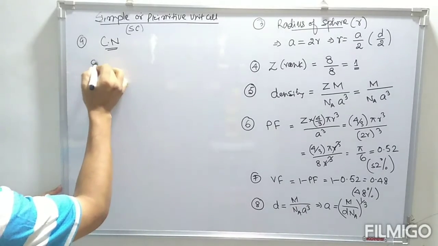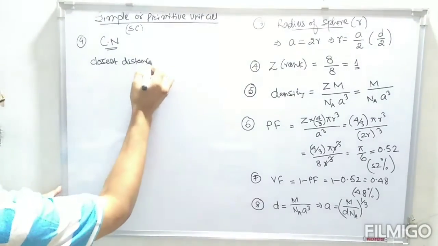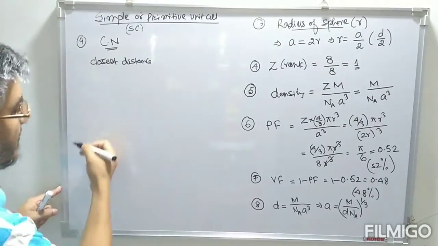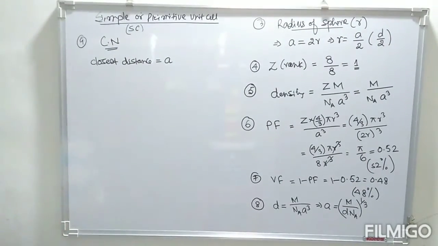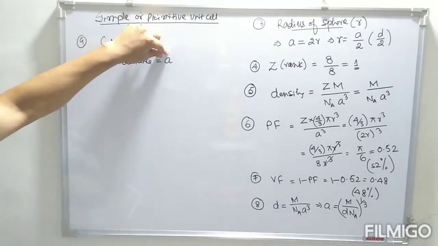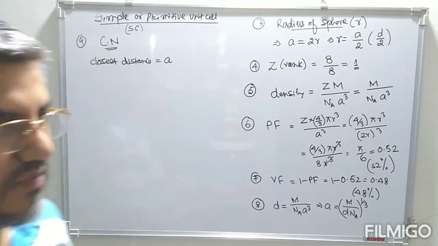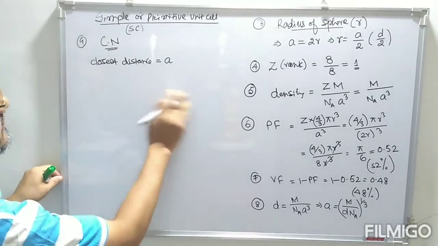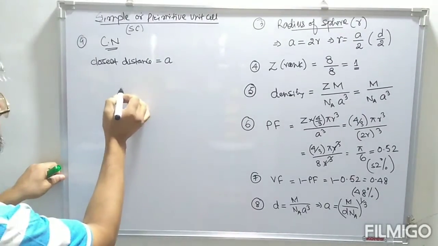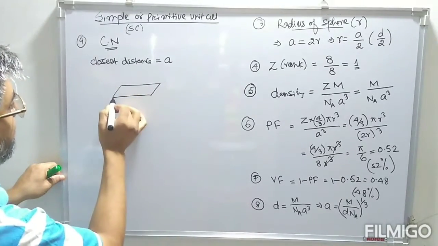So the closest distance, as we have defined earlier, distance of closest approach, this is edge length a. So for a primitive unit cell, the closest distance is edge length a. So at this edge length a, how many spheres are surrounding a particular sphere? So we consider a unit cell.